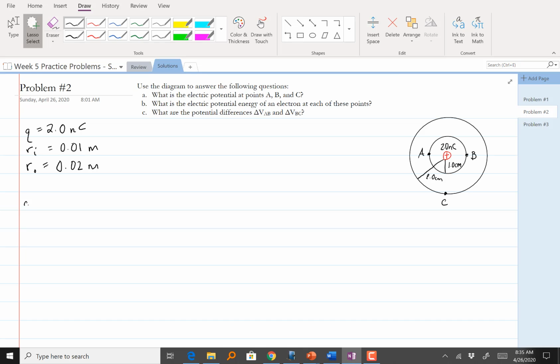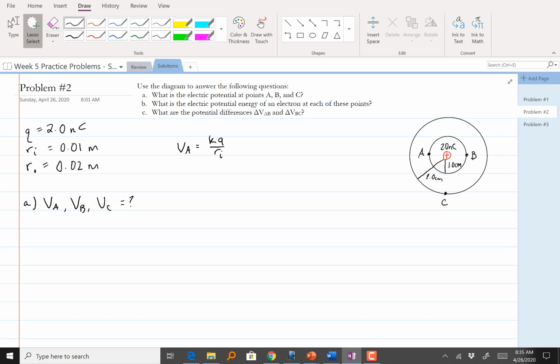All right, so let's start with part A. I'm looking for the electric potential, or the voltage, at A, B, and C. Again, this is a point charge situation, so I can use the equation that we wrote down for the voltage of a point charge. If I'm looking at the voltage at point A, then I'm using that 1 centimeter distance, or what I've noted as R sub I, the inner circle, so the inner radius.